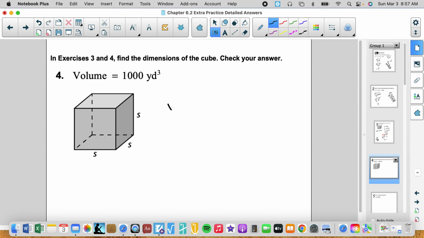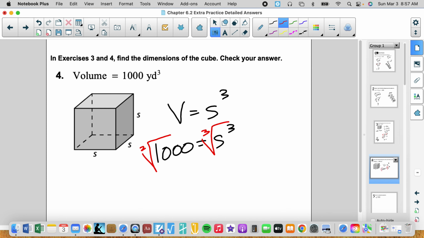Same thing, we know that volume is going to equal side cubed. The volume is 1,000, so we're going to take the cube root of both sides. We get S because they'll cancel. Can we write 1,000? Yes, you should know that 10 to the third equals 1,000.